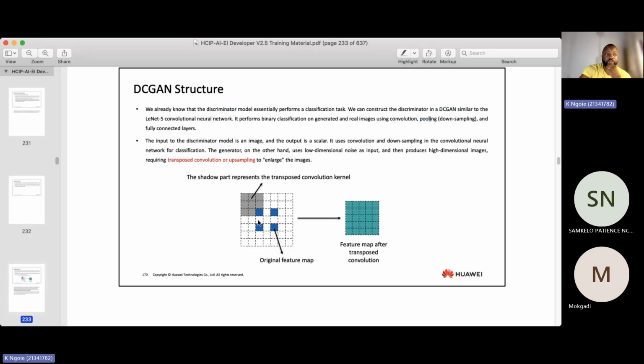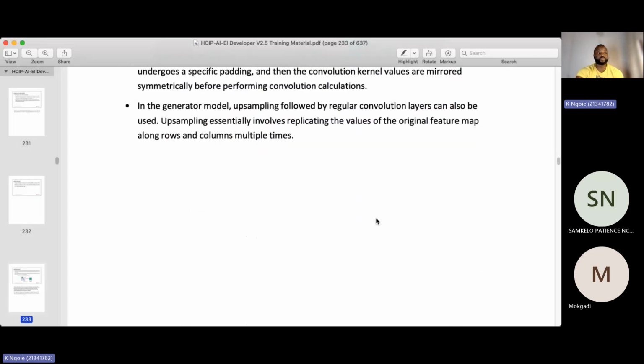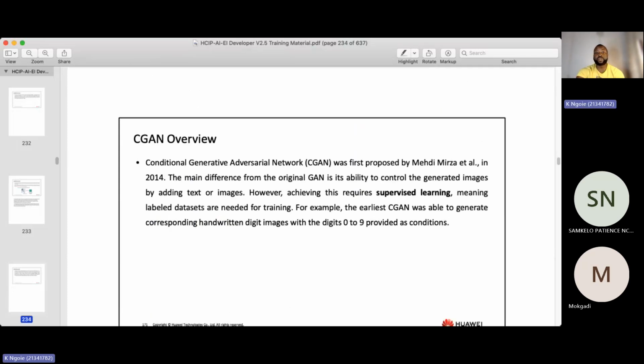We have a pooling layer where, if we're using average pooling, a 3x3 kernel will take everything in this area and do the calculation to produce a feature map. That's how we deal with that in a DCGAN.